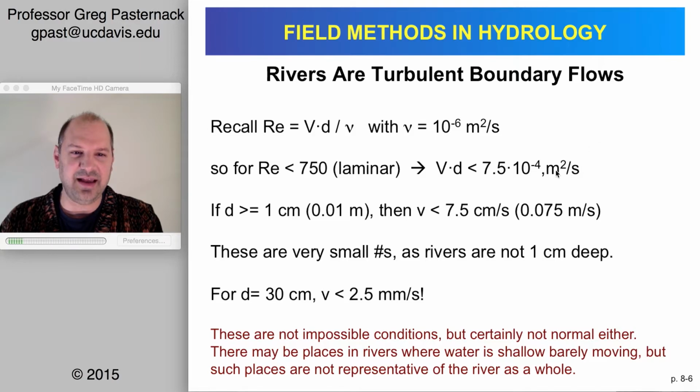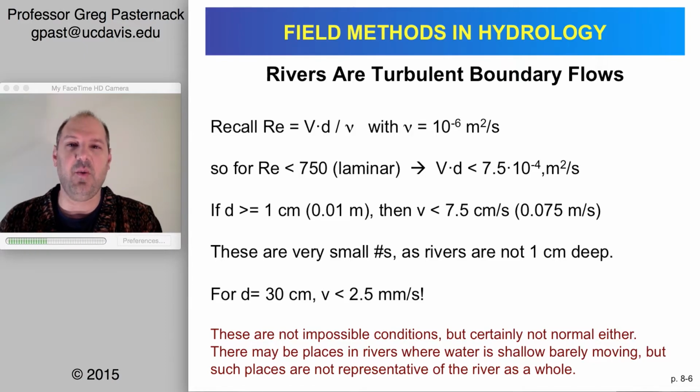Sorry for that comma that's in there. If the depth is 1 centimeter, which is 0.01 meters, then the velocity is going to have to be less than 7.5 centimeters per second, which is relatively slow, not impossibly so.